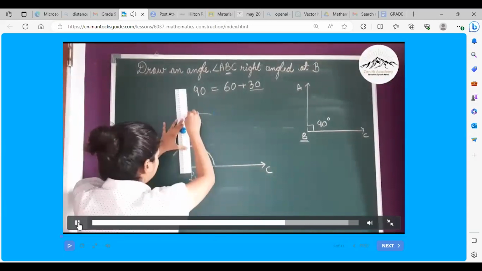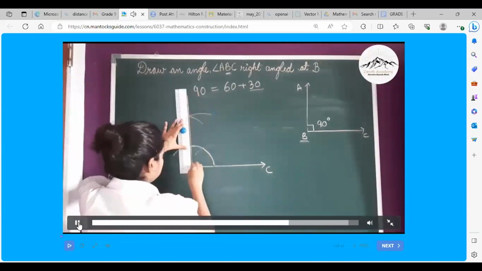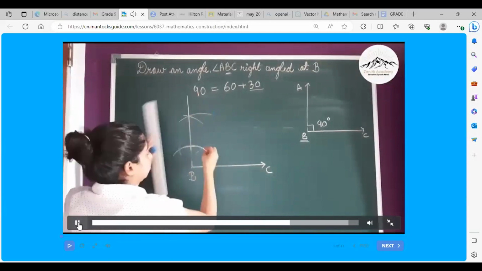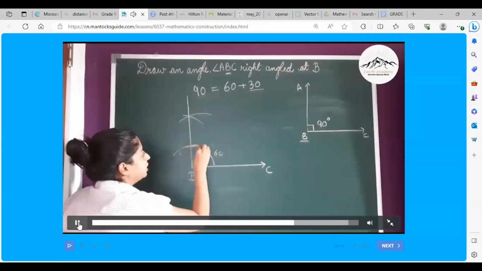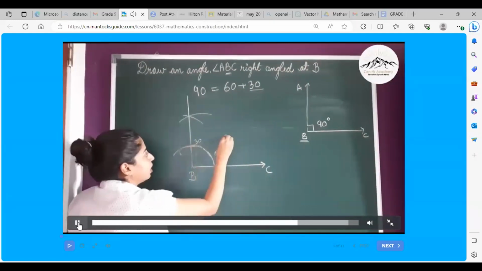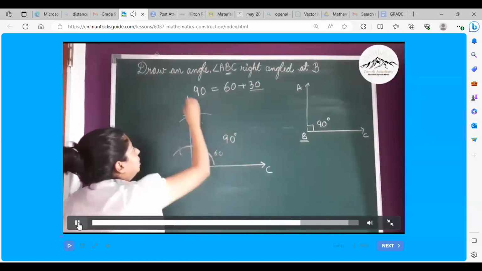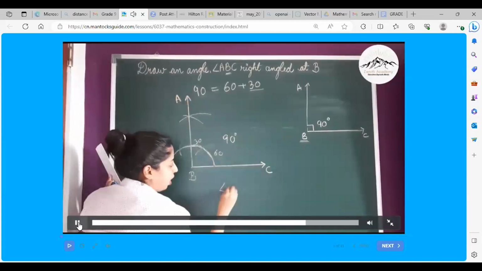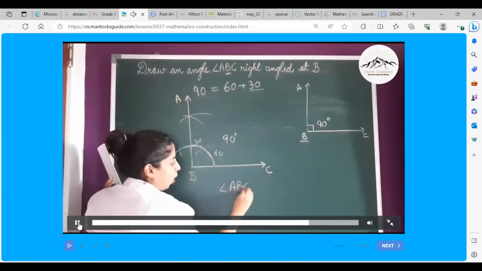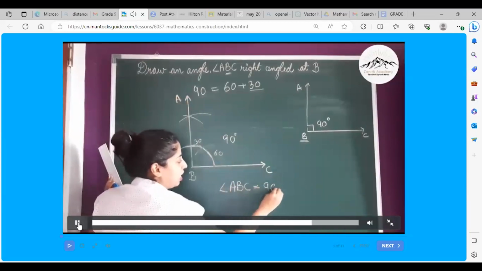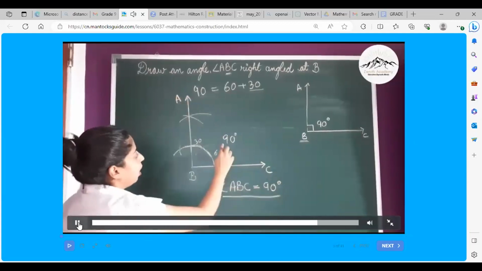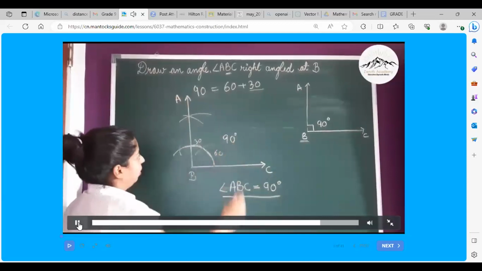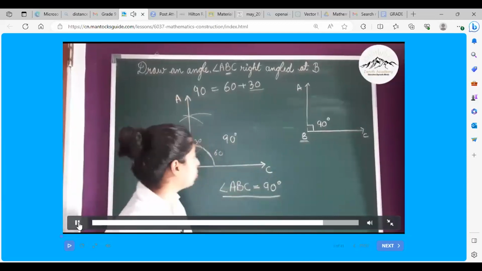Simply join this point to B. So this is 60 and this is 30. So total becomes 90. We can mark ABC here. So our angle ABC is the required angle, which is 90 degree. So this you have to mention here, and you can mention 90 here as well.